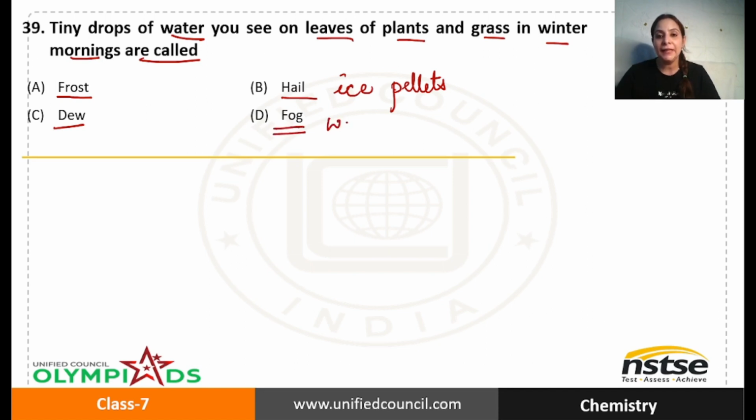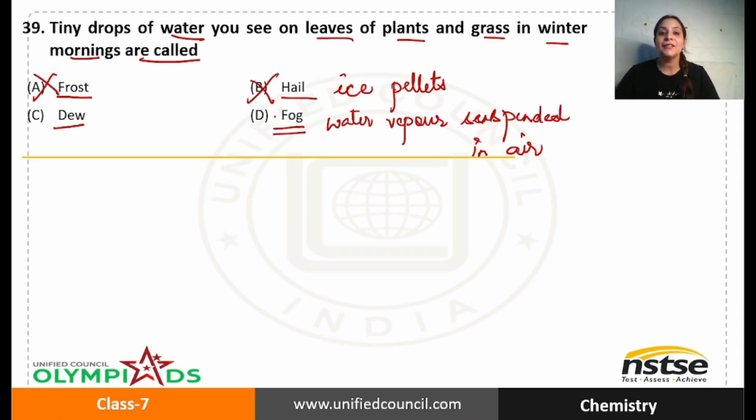Fog is basically water droplets suspended in air. That is fog. So I hope you got your answer, that the tiny drops that you see on leaves of plants and grass are not frost, not hail, not fog, it is dew. So our correct answer for this question is option C.